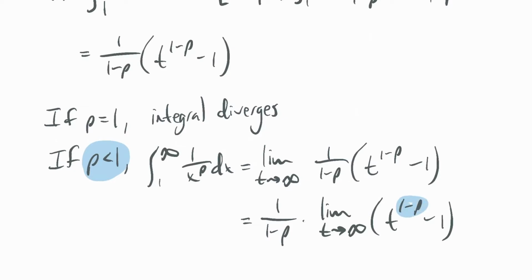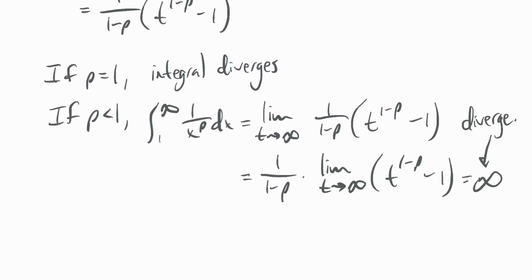So we have t with an exponent greater than 0, and t is going to infinity. Then this diverges. This goes to infinity, because the exponent is positive. So this would equal infinity. We get divergence. I'll just write divergence because I'm out of horizontal room there.